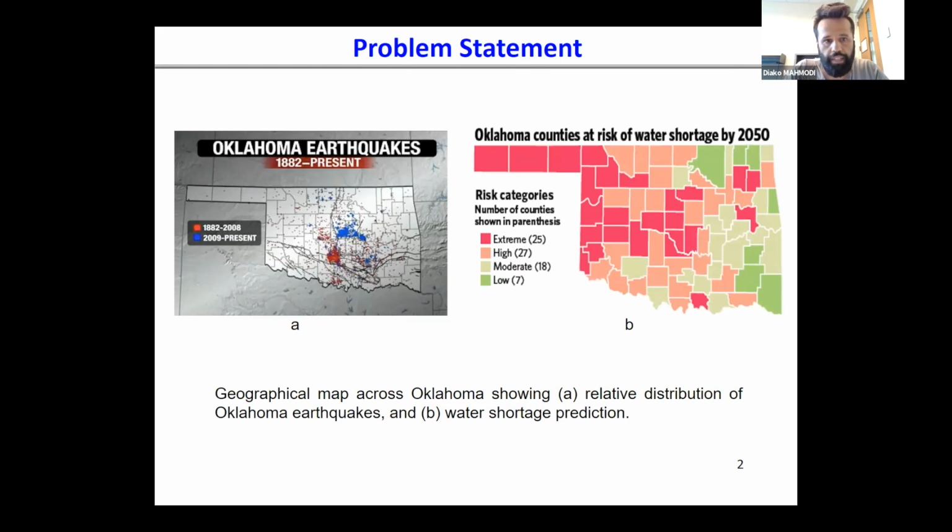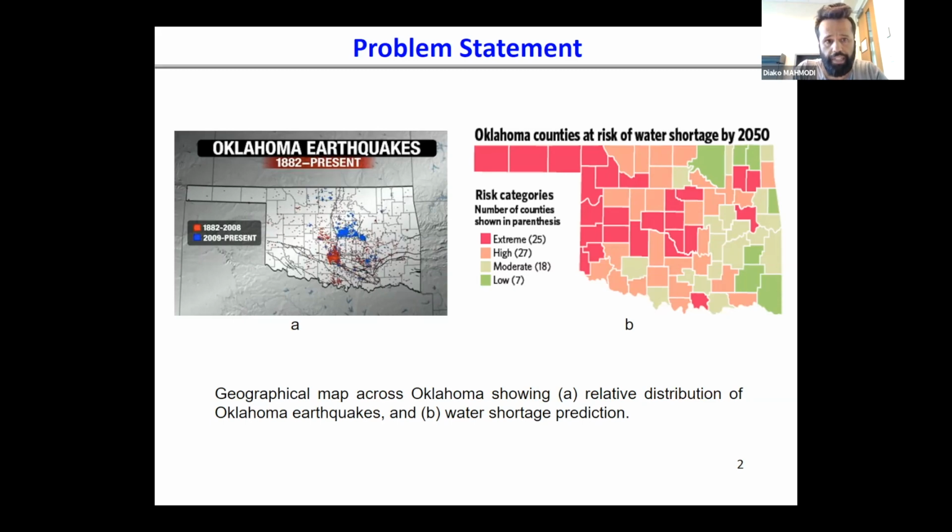Here is the problem statement. On the left side, the blue and red dots are earthquake frequency across the whole Oklahoma state. The red spots are from 1882 to 2008, and blue spots are earthquake frequency from 2009 to present.